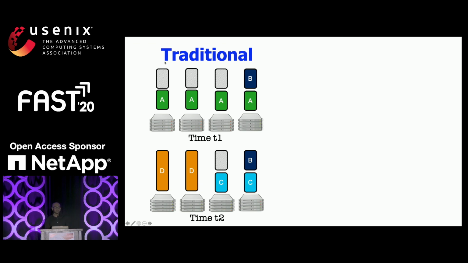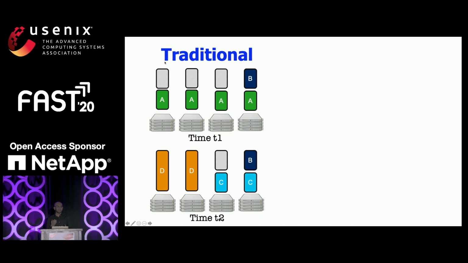Then at time T2, we have another scenario with applications B, C, and D. Again, application C gets 100% of the bandwidth on the third OST, but half of it is still wasted because it's being shared with B. We want to minimize this bandwidth wastage, but we still want to remain fair to the applications that are causing it.